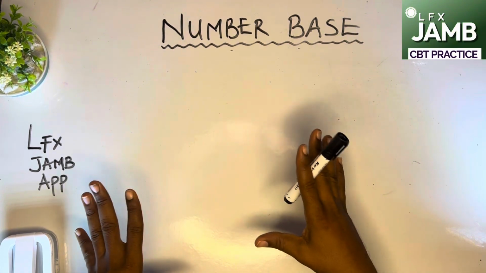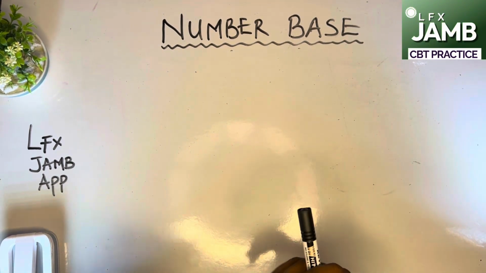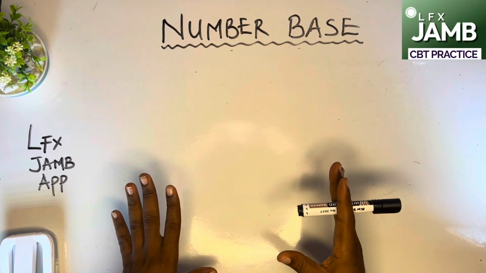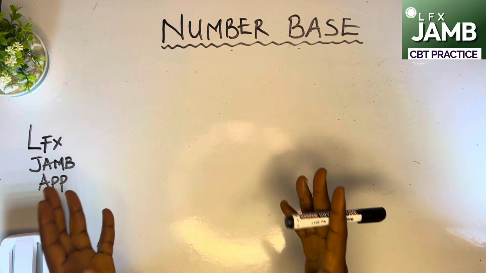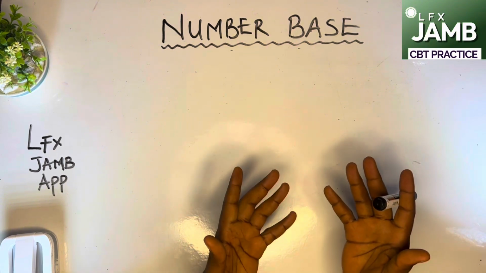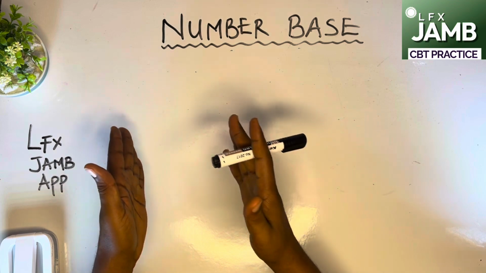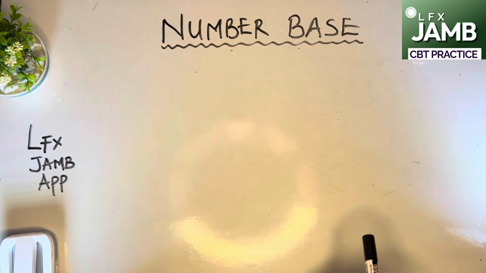Throughout our growth in mathematics, our brains have been programmed to easily process base 10 numbers. So what if we have a number in another base? How do we represent it, or how do we translate it to a base 10 number which our brains can process easily?